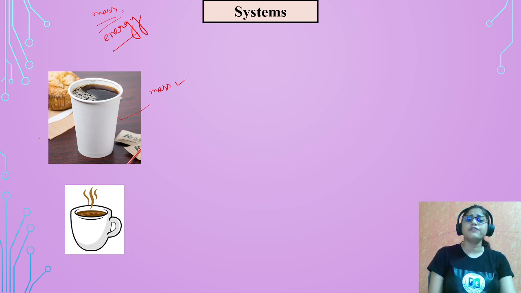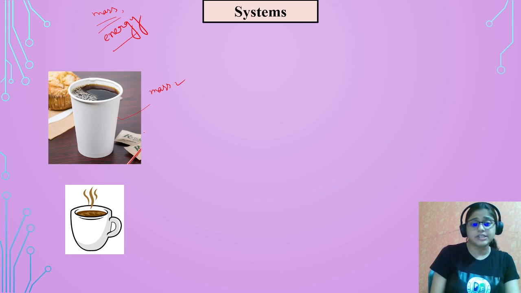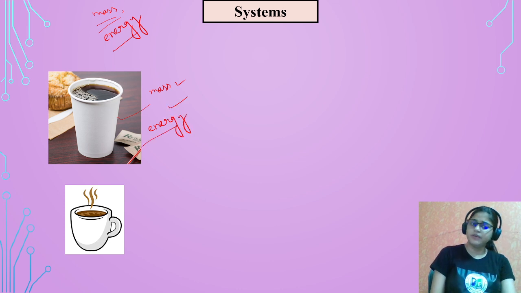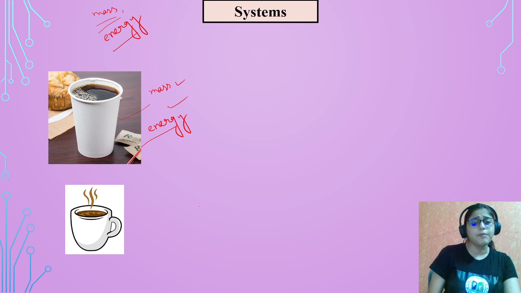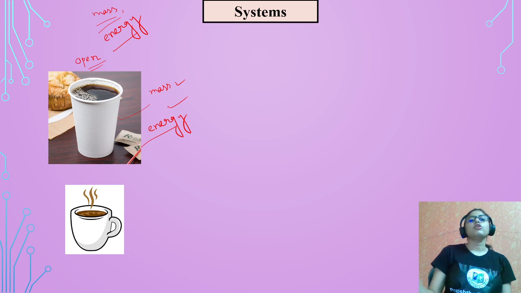Because it transfers energy to the surroundings. Exchange of energy is also there. With an example you will understand in a clear way, right? So this type of system is called an open system. We will talk about it in the next slide also. Mass is also exchanging and energy is also.